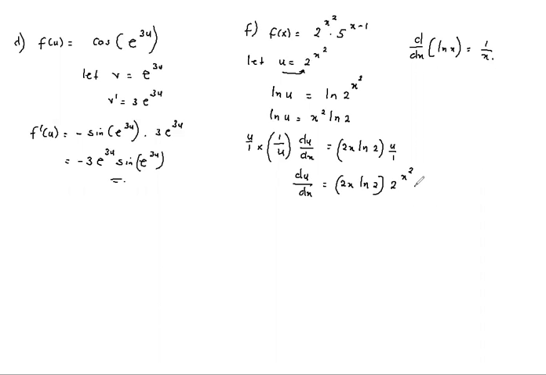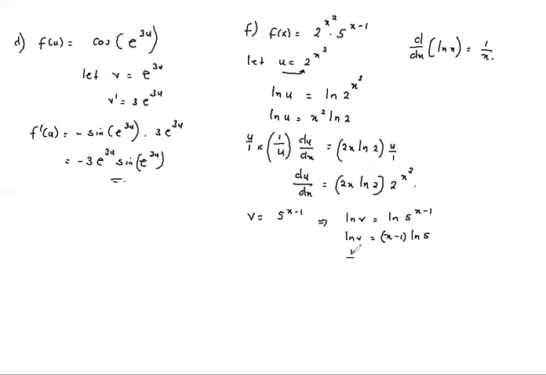Again, let v be 5^(x-1). Apply ln. It will be ln v is equal to ln 5^(x-1). Then you drop the x minus 1. So you have ln v is equal to x minus 1 multiplied by ln 5. Then you differentiate again with respect to x.